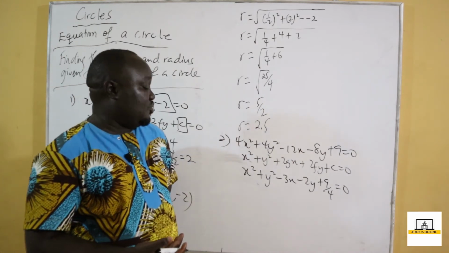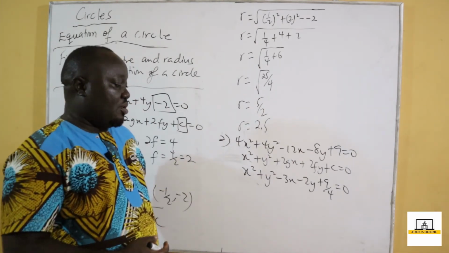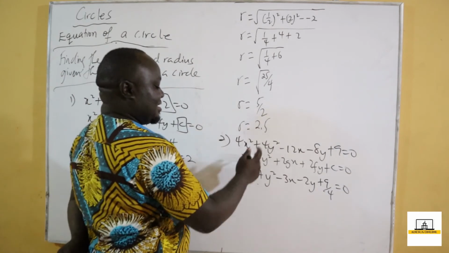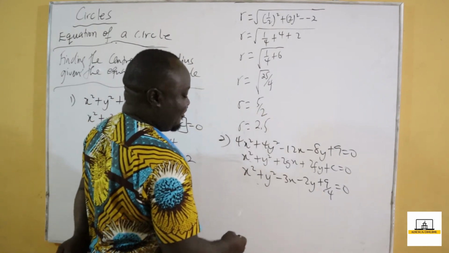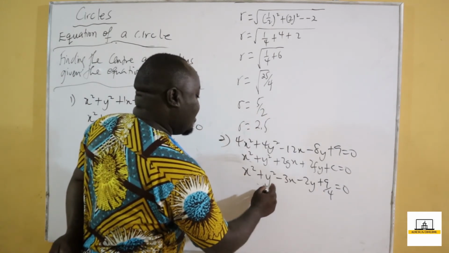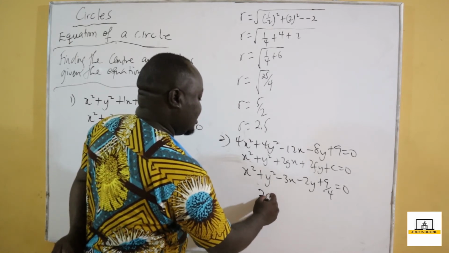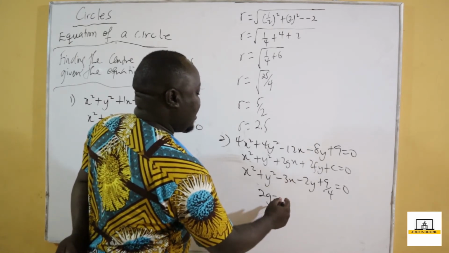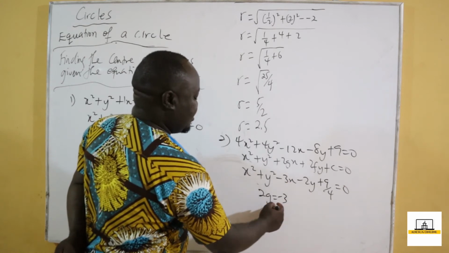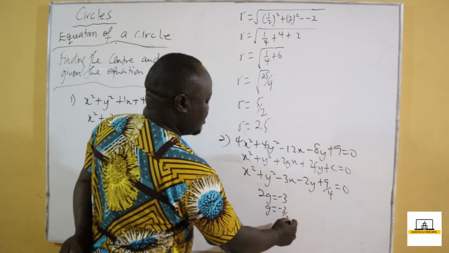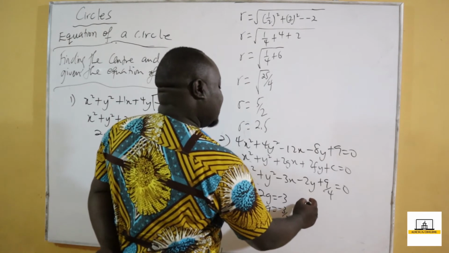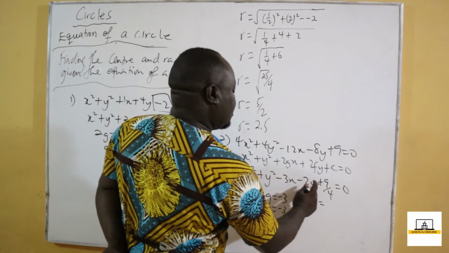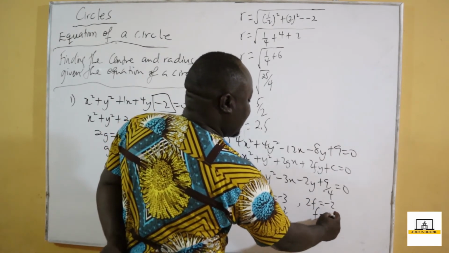So after dividing through by positive 4, now we can compare this and get the values of g and f respectively. Comparing, we shall have 2g equal to minus 3, so g is equal to minus 3 over 2. And then we shall have 2f equal to minus 2, so f is equal to minus 1.